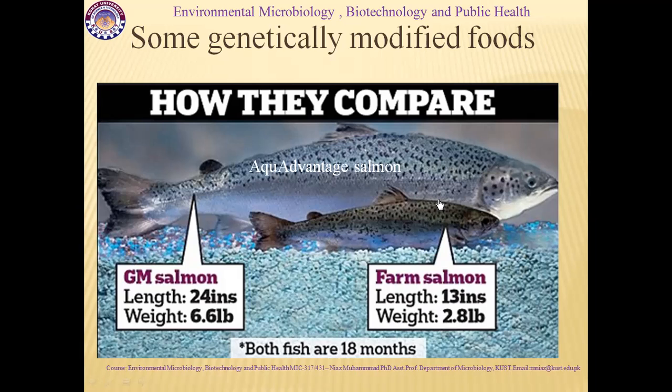So we can see how huge the meat production is, and it has been genetically modified, it is resistant to pathogens and has the ability to produce more mass in the same time duration, while this one is small compared to that one.